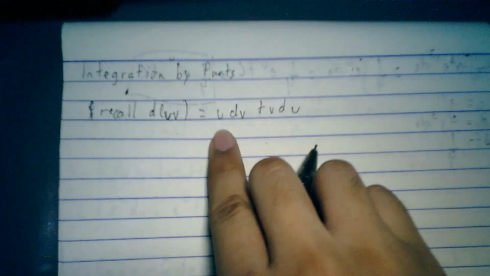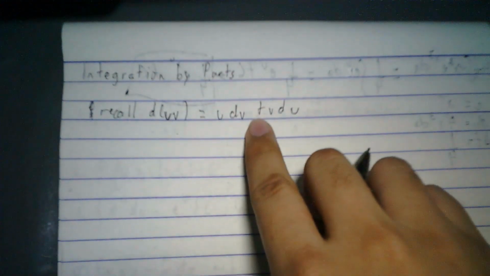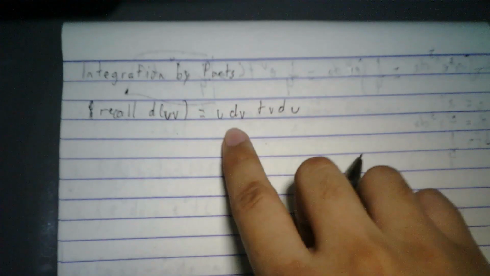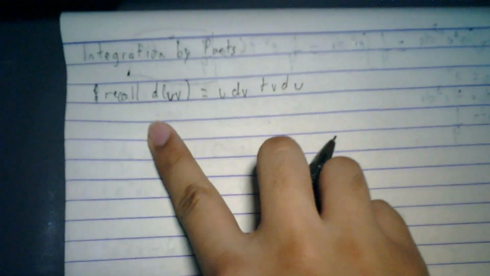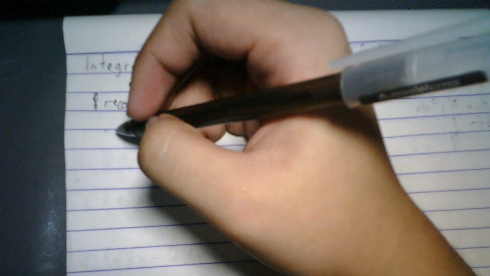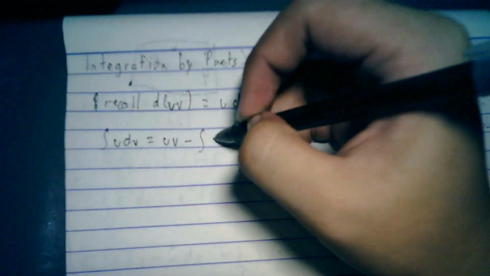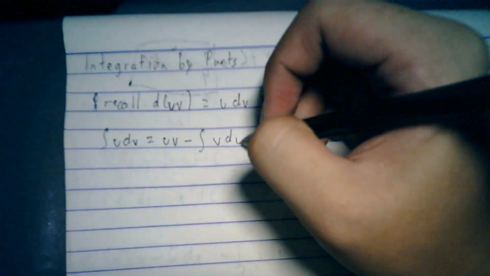That is the formula in derivative, but in integral, this is our formula: the integral of u dv is equal to uv minus the integral of v du.